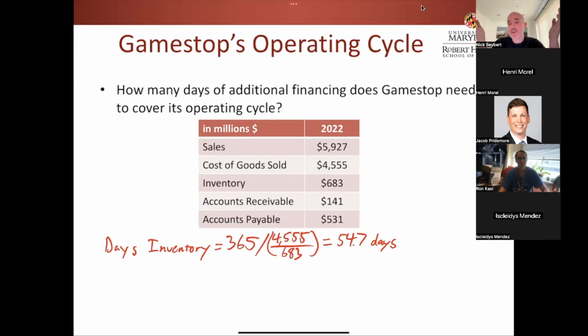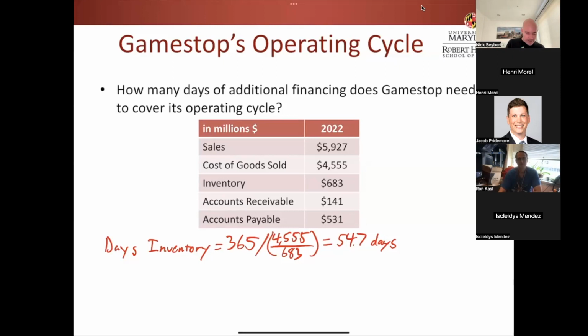That tells you, next time you're walking through the mall and you see the GameStop store with nobody in it, or a 25-year-old crying for his mom to buy him the system, then think to yourself, well, the average video game or toy sitting in here sits there for a little less than 2 months. Does that make sense? It makes sense intuitively to me, I guess.